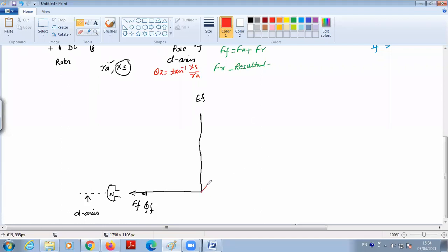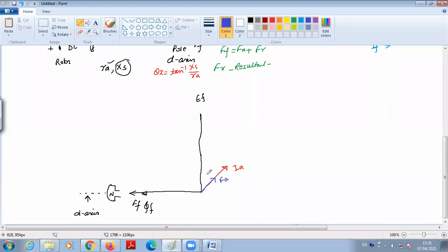Lagging, but it will have some small value of current, small value of angle is there, and this is the armature current IA. This armature current IA develops armature reaction MMF FA. So say this part is armature reaction MMF FA.